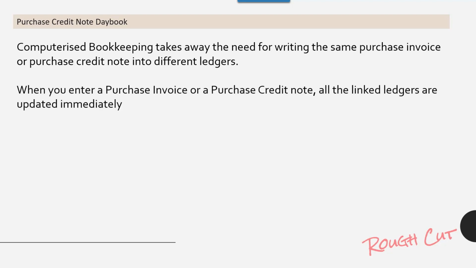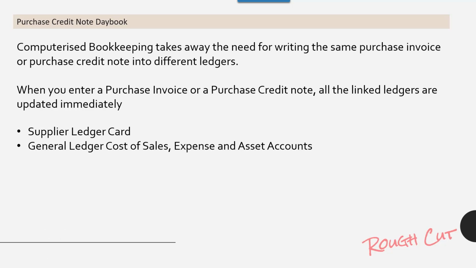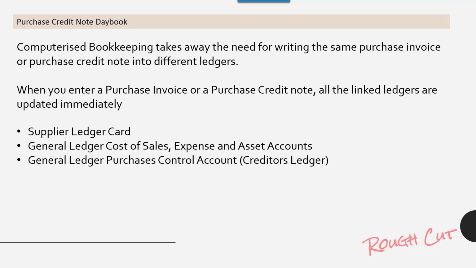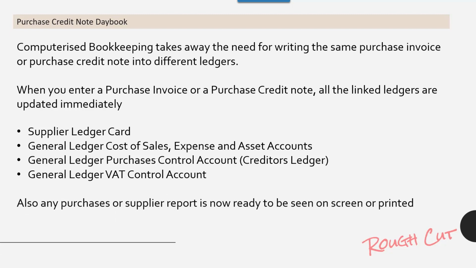When you enter a purchase invoice or a purchase credit note, all the linked ledgers are updated immediately: the supplier ledger card, the general ledger cost of sales, expense and asset accounts, the general ledger purchases control account, the creditor's ledger, and the general ledger VAT control account. Also, any purchases or supplier reports is now ready to be seen on screen or printed.